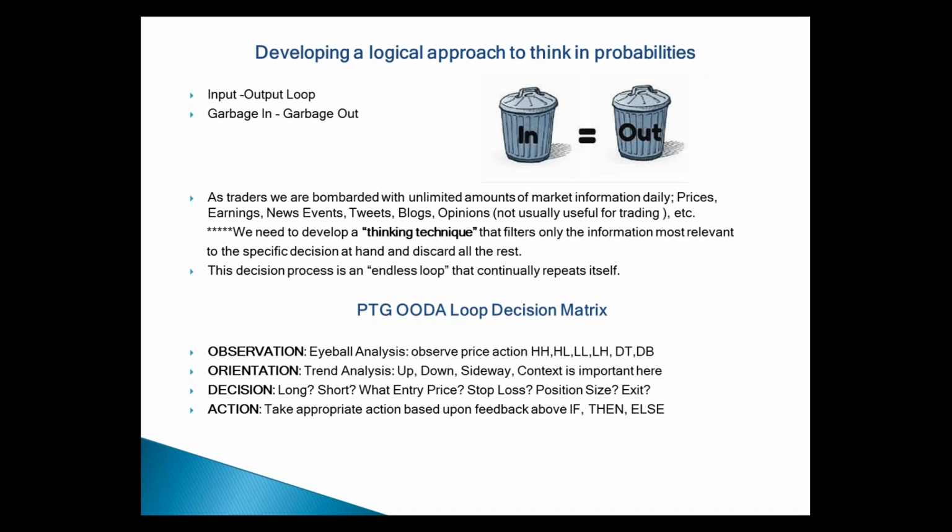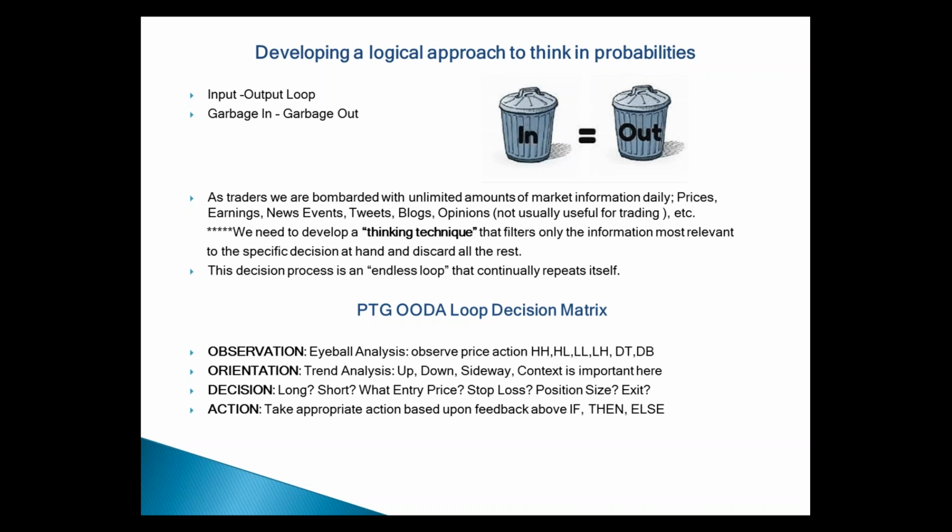Now, once we have those first two, the second part becomes the decision loop. So think about this as a looping process in your mind: observation, orientation, higher highs, higher lows, trend up, trend down, etc. And then once we have that, we start looking for our own particular setups, our methodology that has an edge.